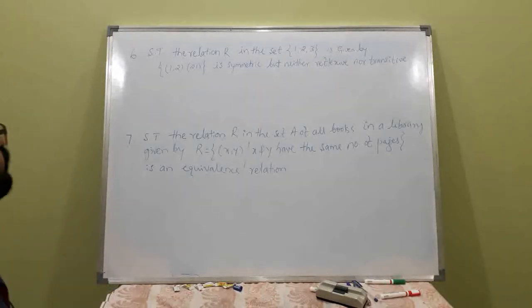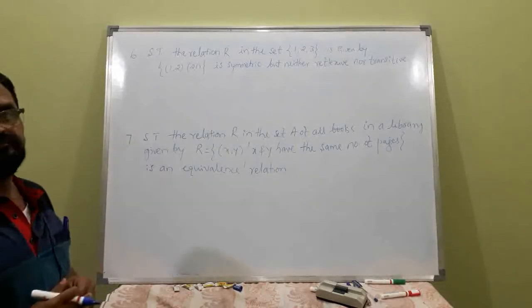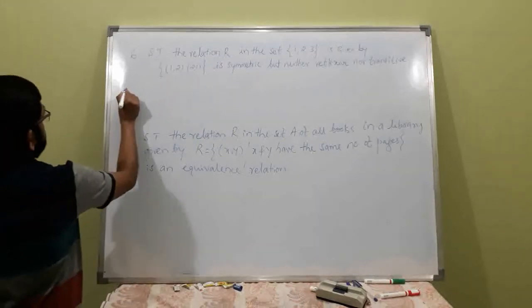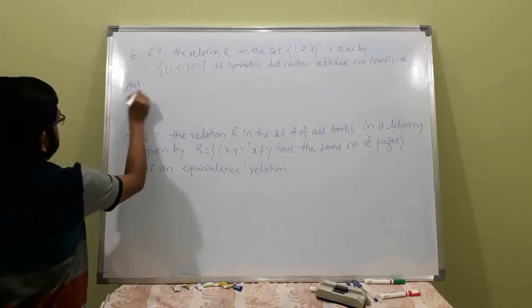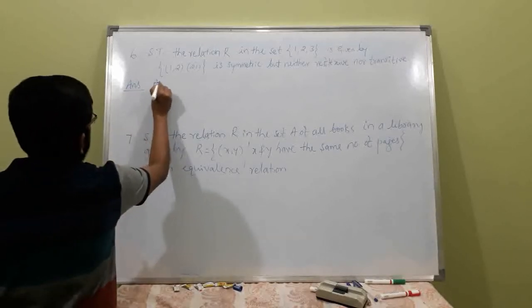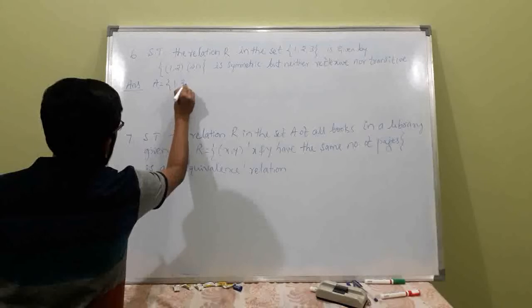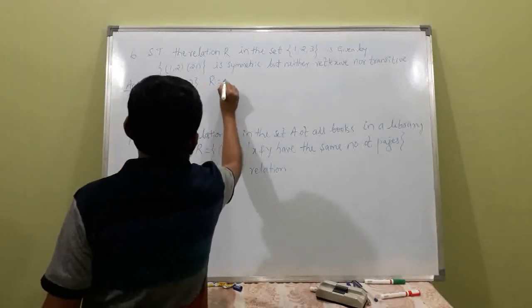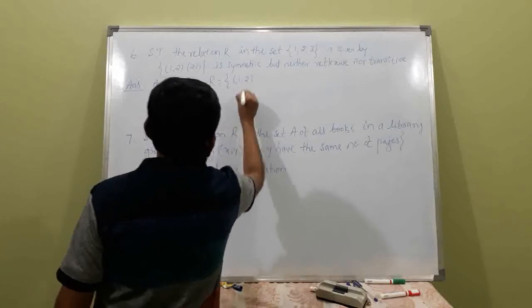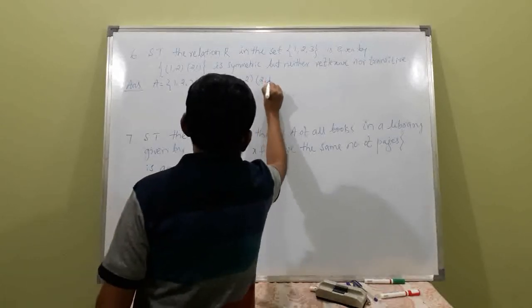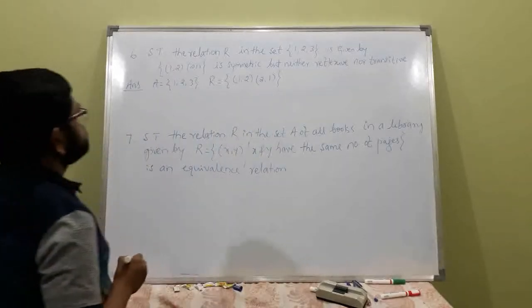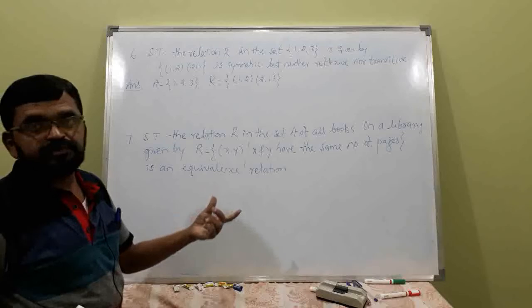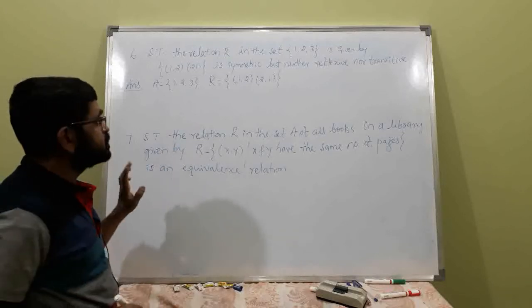The next example: here A is {1, 2, 3}, R is {(1, 2), (2, 1)}. Okay, answer: A is {1, 2, 3}, R is {(1, 2), (2, 1)}. Since there are no ordered pairs (1, 1), (2, 2), (3, 3), it is not reflexive.